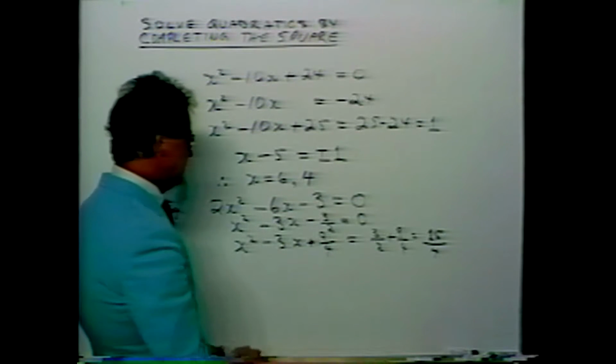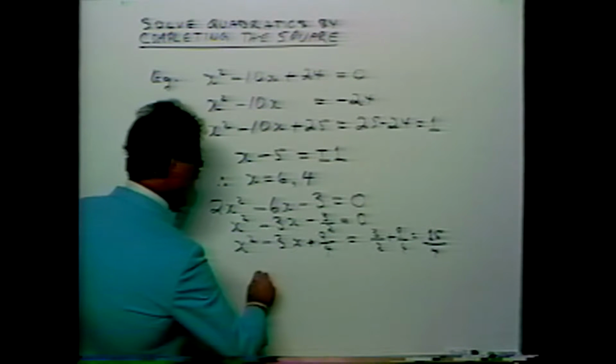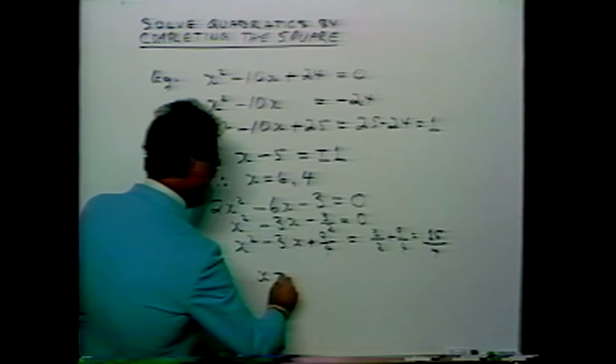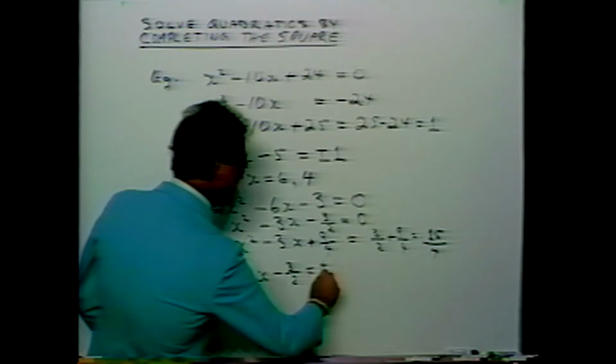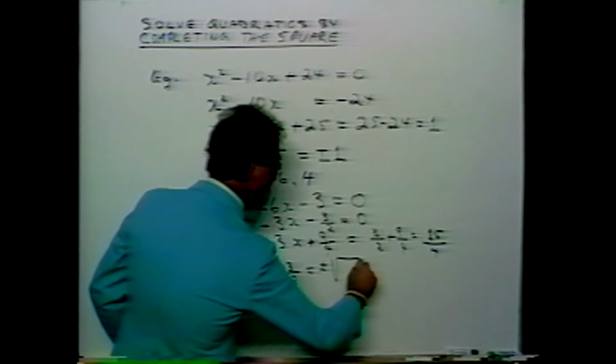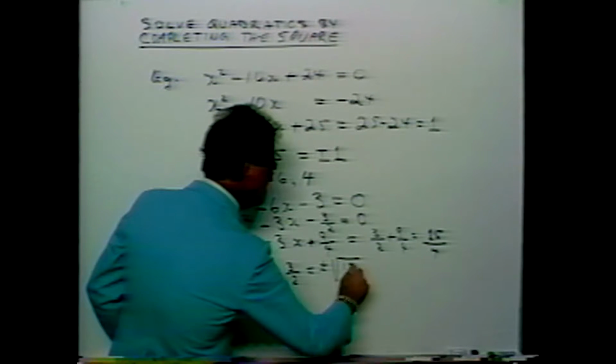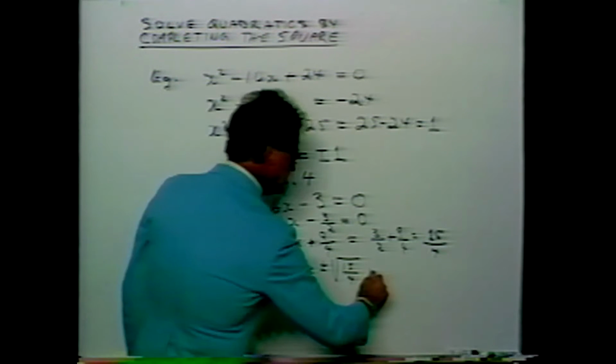Taking the square root of both sides, the left side will be x minus 3/2 equals plus or minus the square root of 15/4.